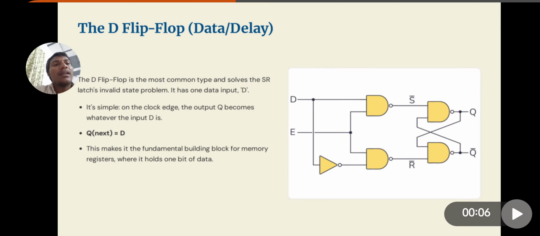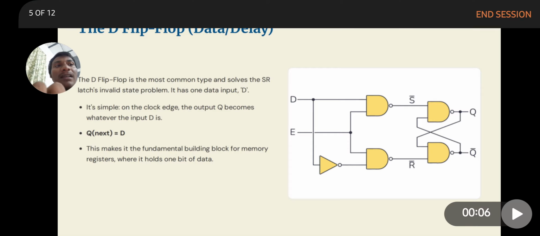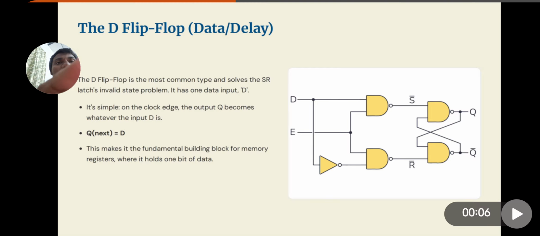After the SR latch, we have the D flip flop. The D flip flop is the most common type and it solves the SR latch's invalid state. When both S and R are 1, the output is unpredictable.